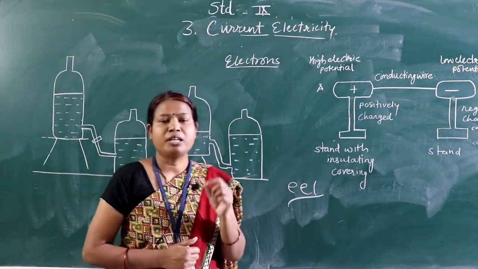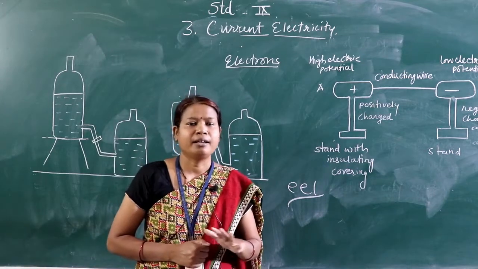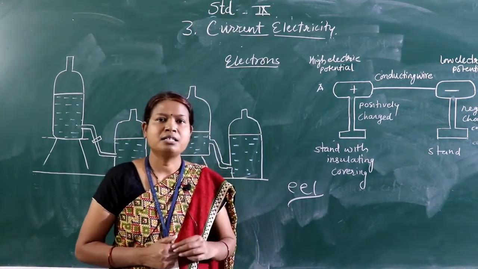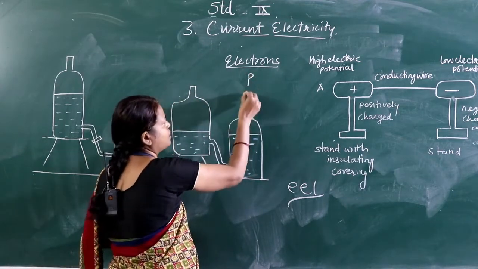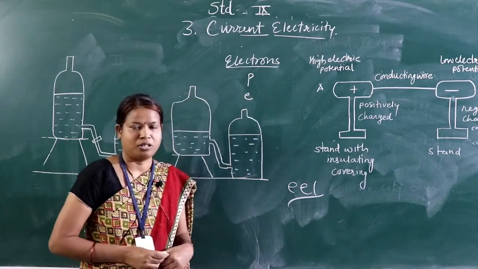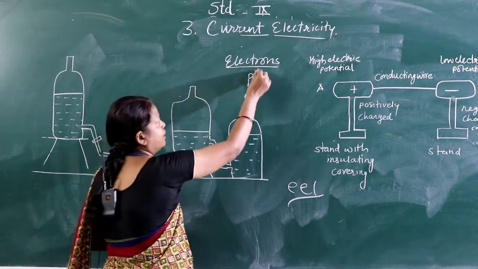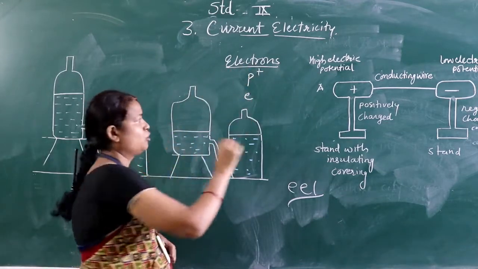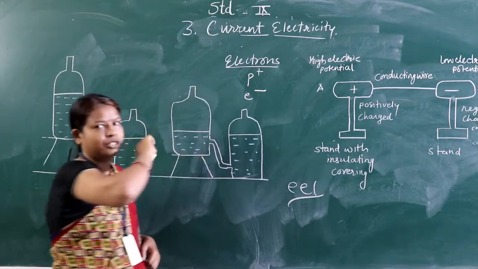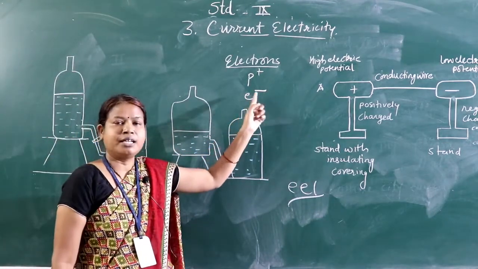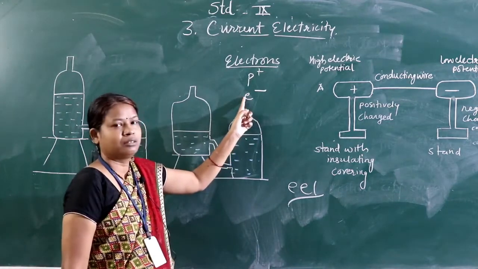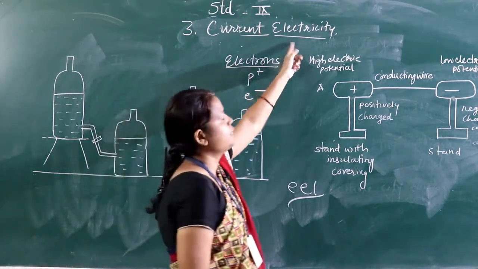Atoms are the smallest particles which we cannot divide again. They contain fundamental particles, that are protons and electrons. You all know that protons contain positive charge and electrons contain negative charge. So the flow of this negatively charged particle, that is the flow of electrons, is called electricity.